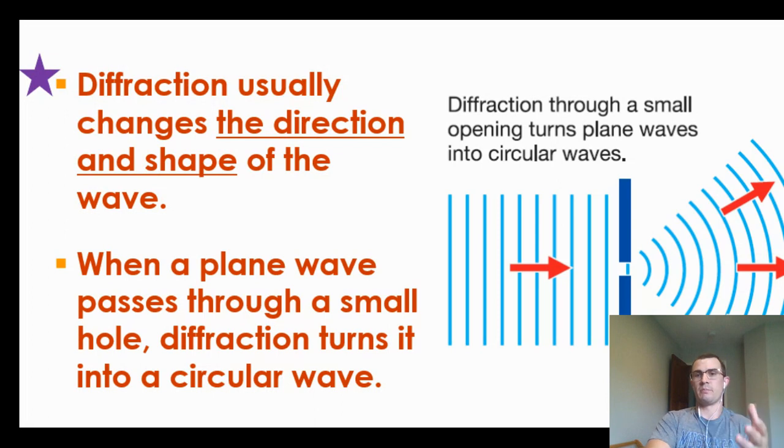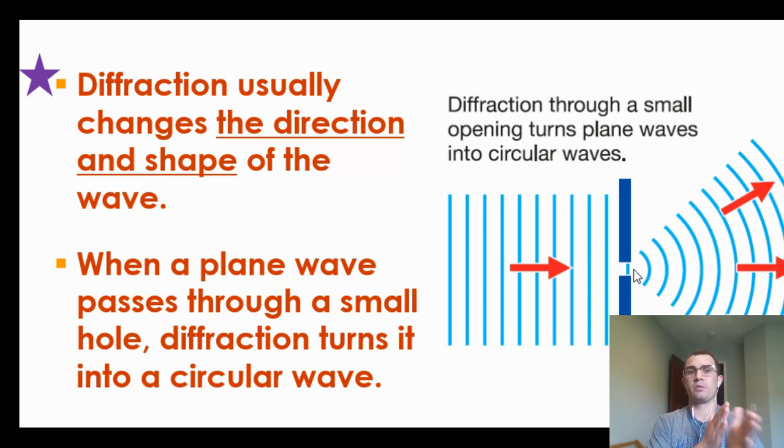This is an example, and this one's actually pretty cool. We would do this in a lab. What's happening here is that we're sending a plane wave, and all this is illustrating is diffraction. We're sending a plane wave at this boundary. This would be a wall, but this wall happens to have a tiny hole right there. As that plane wave hits that boundary, you can see that it diffracts, it bends that wave.